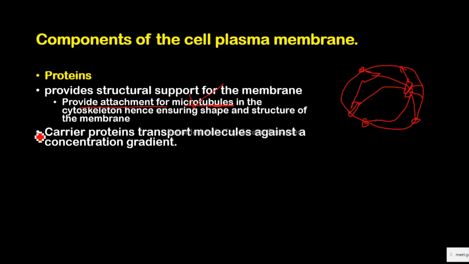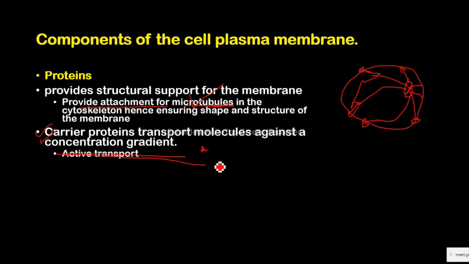Then we have carrier proteins. Now these ones transport molecules against their concentration gradient, and in the process, energy is used. Okay, and where do you get the energy from? Active transport.